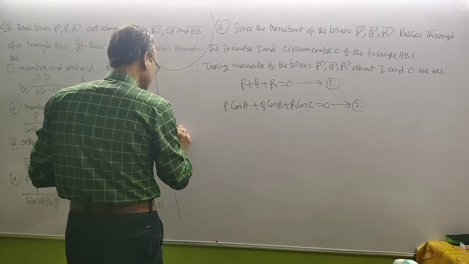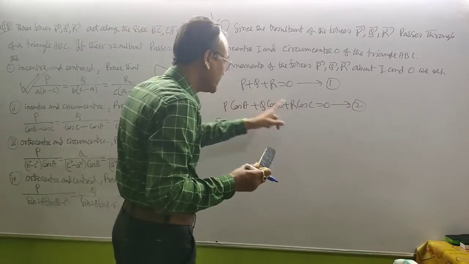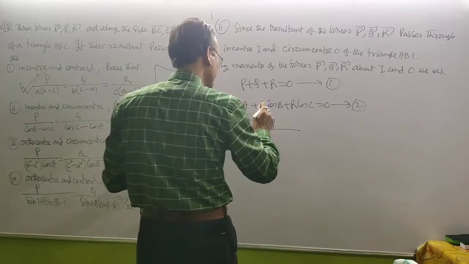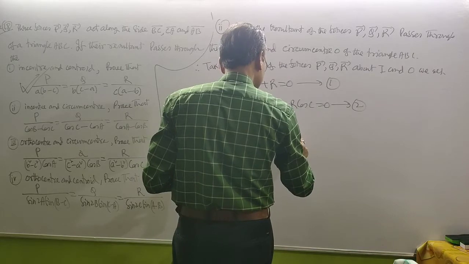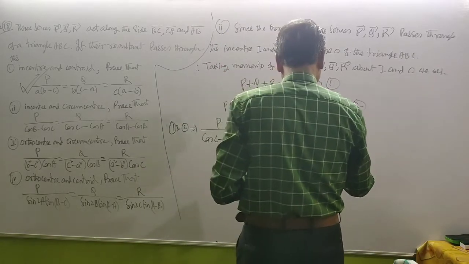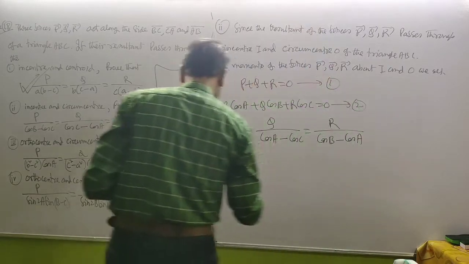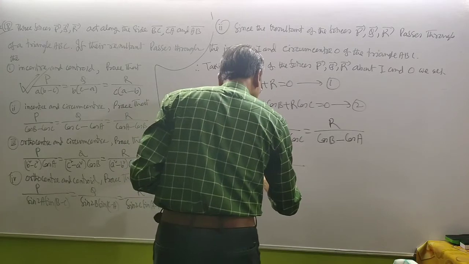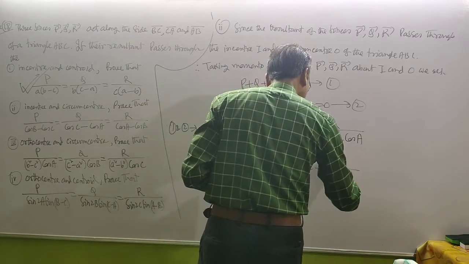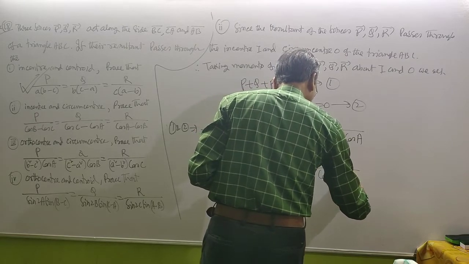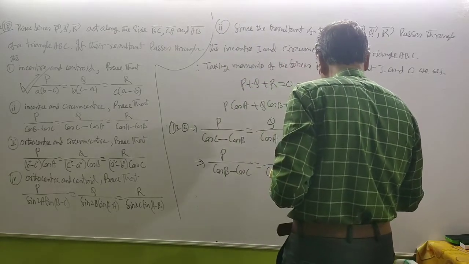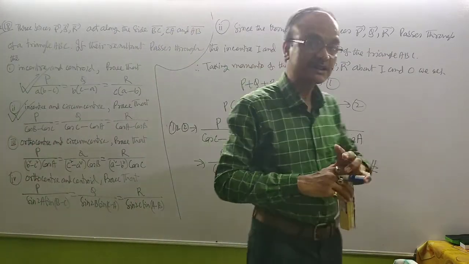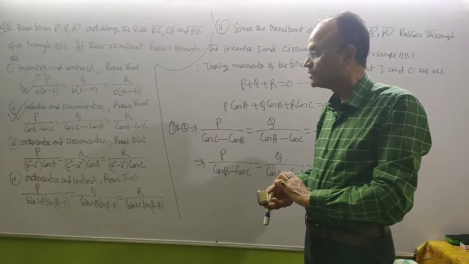Now, therefore, from 1 and 2 you will get P divided by 1 into cos C minus 1 into cos B, equal to Q divided by 1 into cos A minus 1 into cos C, equal to R divided by 1 into cos B minus 1 into cos A. So P by (cos B minus cos C) equals Q by (cos C minus cos A) equals R by (cos A minus cos B). We have proved number 2 also. If the resultant passes through the incenter and circumcenter, then you will get this.